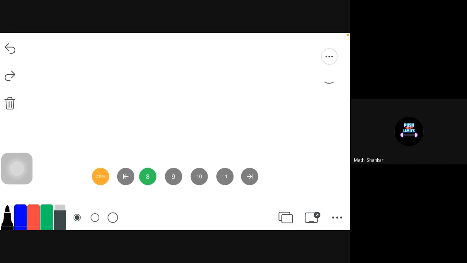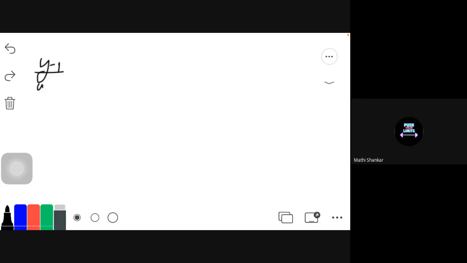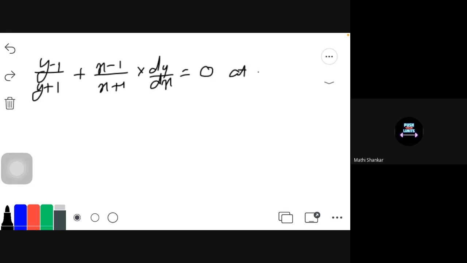Let's see one more. So this time we are given y minus 1 upon y plus 1, plus x minus 1 upon x plus 1, into dy by dx equals to 0, at x is equals to y is equals to 2.